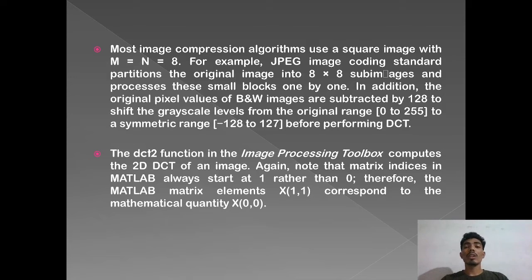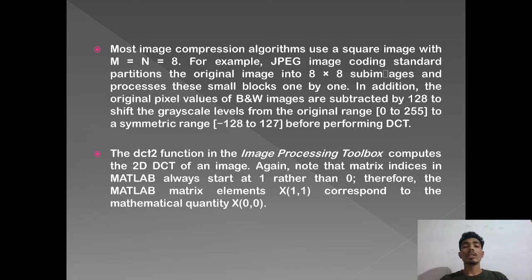Most image compression algorithms use a square block with M equal to N equal to 8, where in the last slide we saw the formula; there we put M and N equal to 8. For example, the JPEG image coding standard partitions the original image into 8 by 8 sub-images and processes these small blocks one by one.